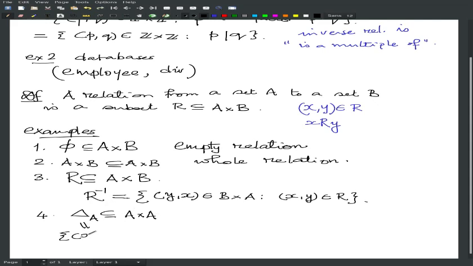This is the set of pairs xx. So this is precisely the equality relation on A. It's another common name for it. It is called the diagonal relation.